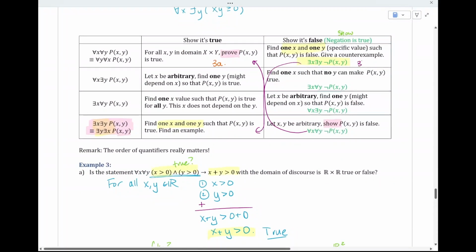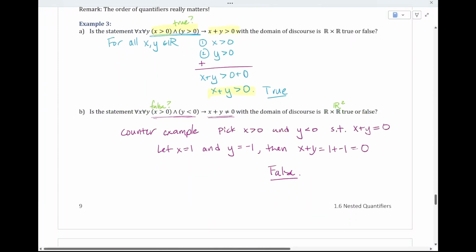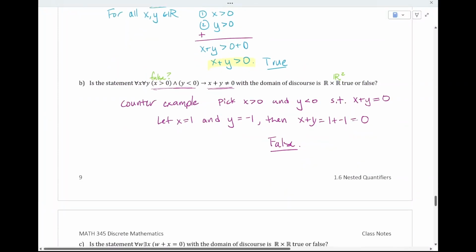And this is 3b. So what I've actually done is I've found an existing x and y such that my propositional function is false. I found a case where x plus y is actually equal to 0, which is the negation of this propositional function. Okay, let's look at some more.